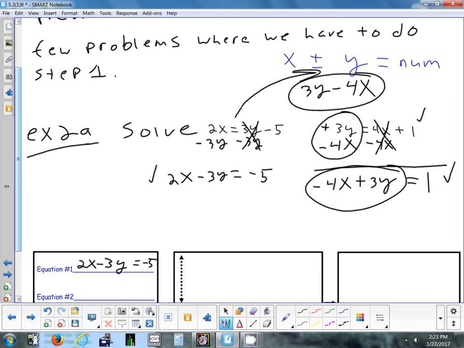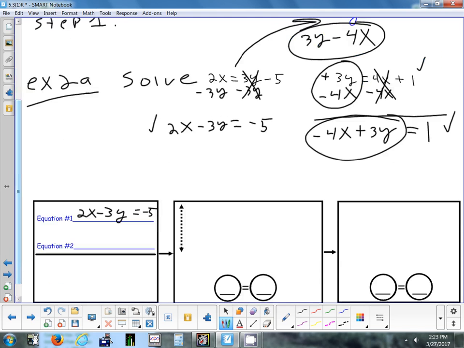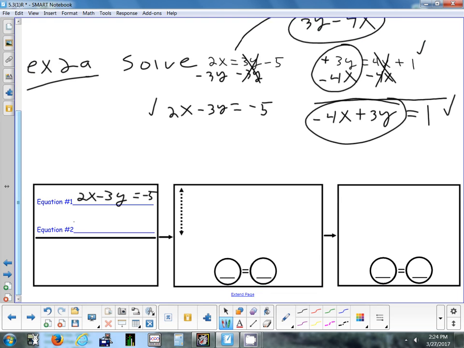You had to figure this out. So you would get partial credit just for getting this. And what's going to be equation 2? Negative 4x plus 3y equals 1. On this kind of problem, if that's how far you got, I would give you half credit, because you got 2 out of the 4 things we need to find.